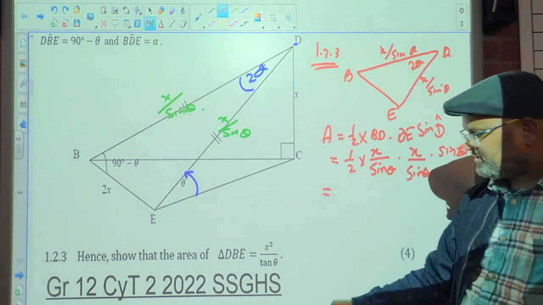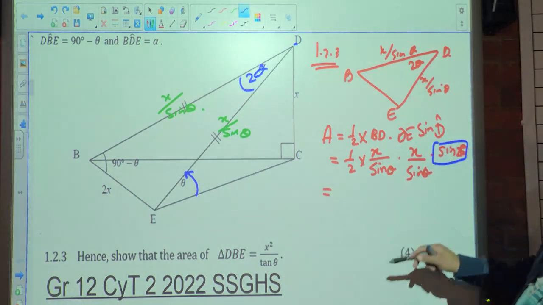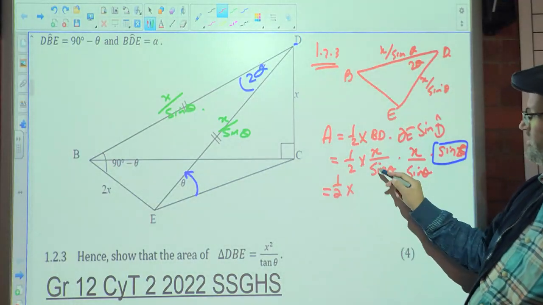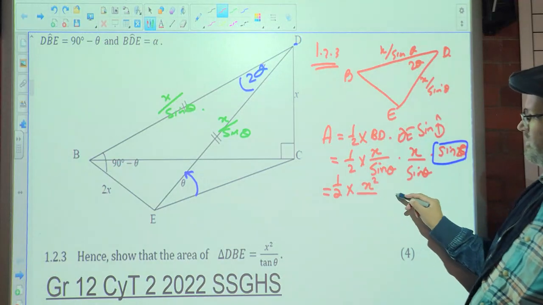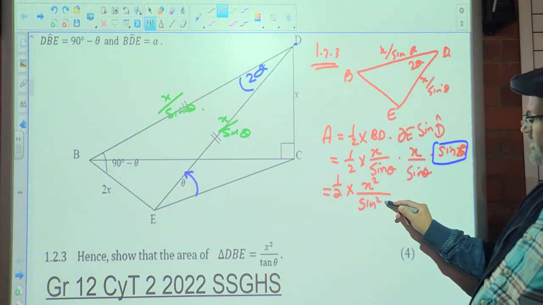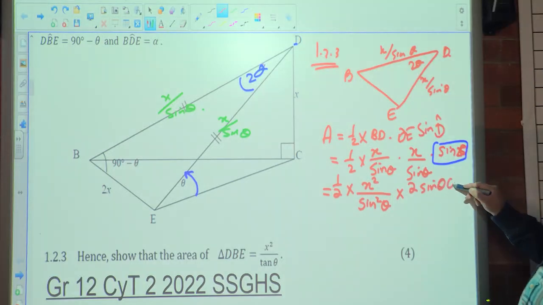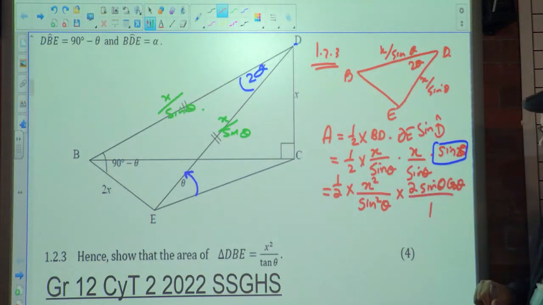Sine 2 theta can be written as 2 sine theta cos theta. So it's half times x squared over sine squared theta times 2 sine theta cos theta over 1.